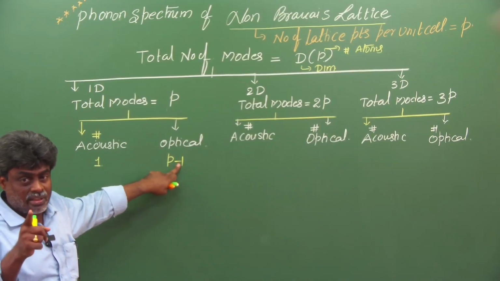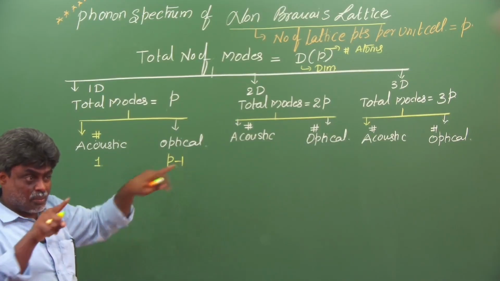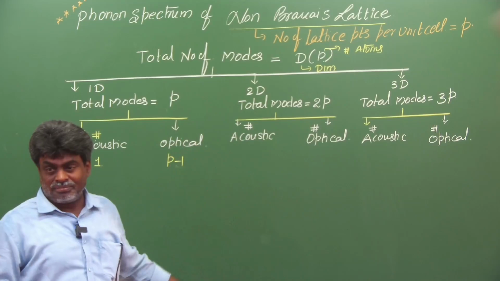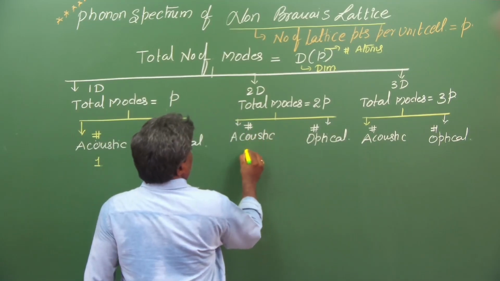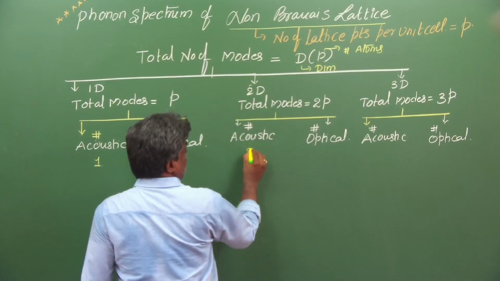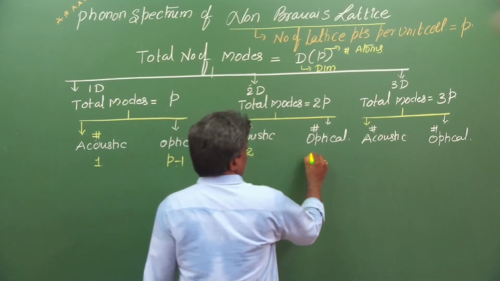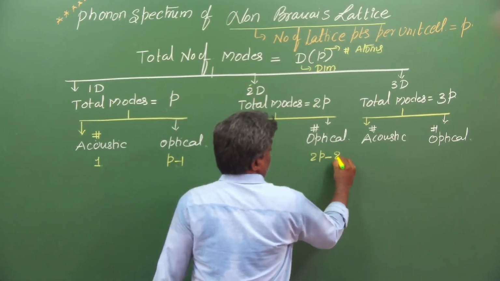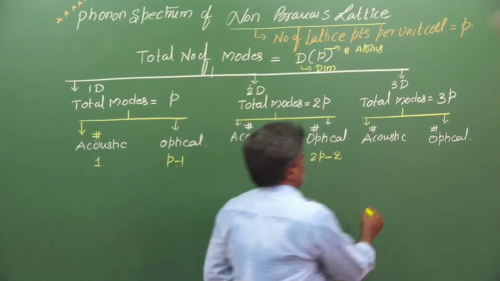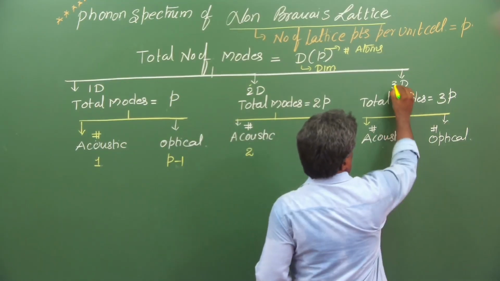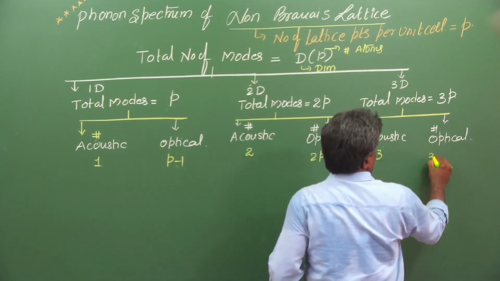That's why in yesterday's class we got only the lower one. Next, number of acoustic equal to 2 for 2 dimensions. Then optical is 2P minus 2. Next, acoustic and optical.